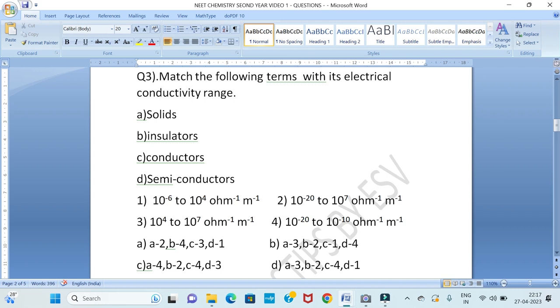So what is the option A, B, C, D? Solids, insulators, conductors, semiconductors.